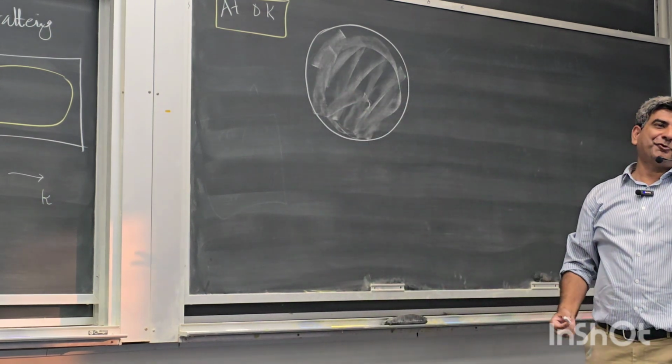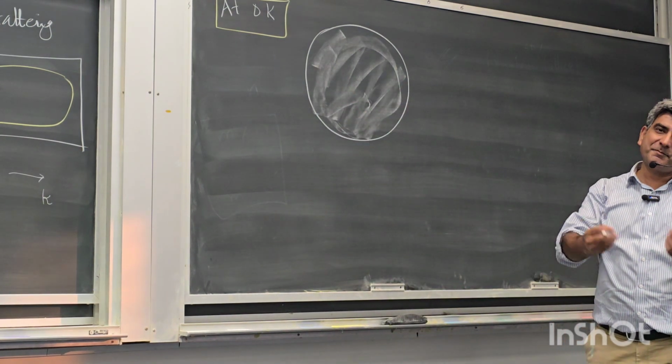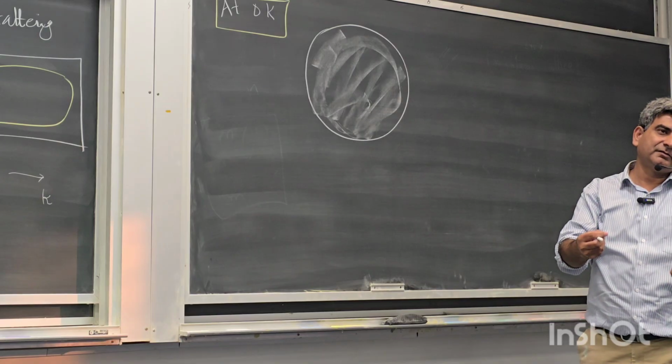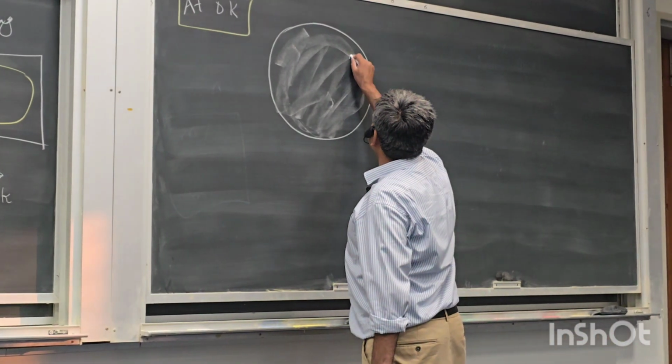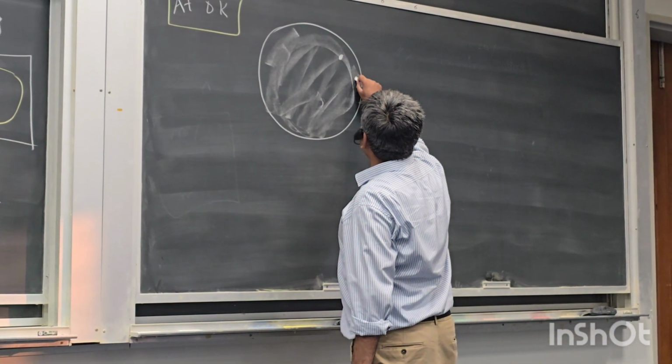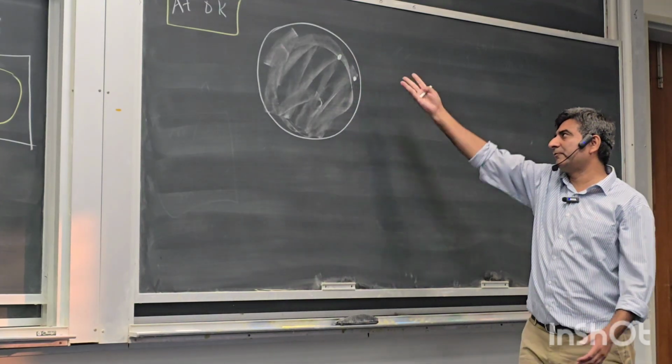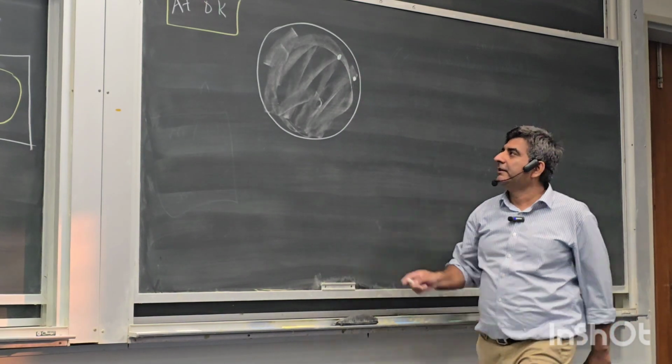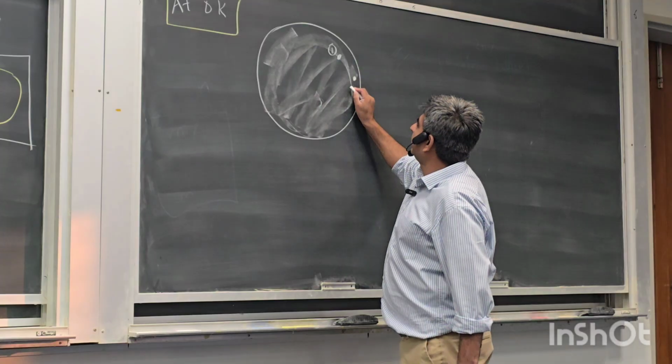Now you take two electrons inside the system, both of them must lie inside the Fermi sphere. Suppose those electrons are close to the boundary of the Fermi sphere: electron 1 and electron 2.